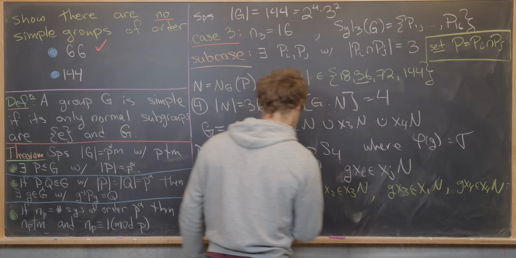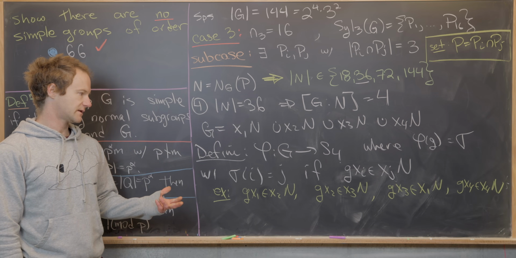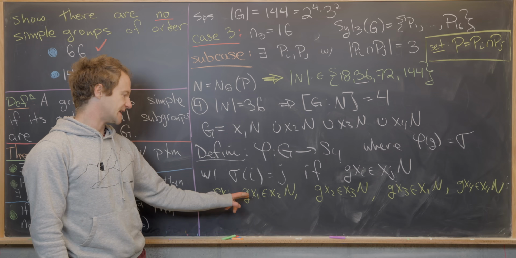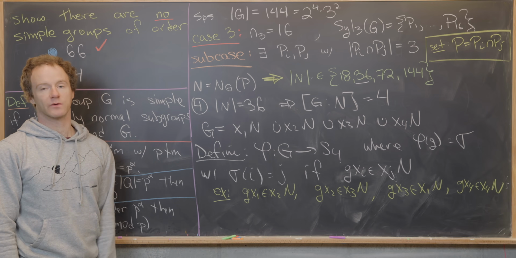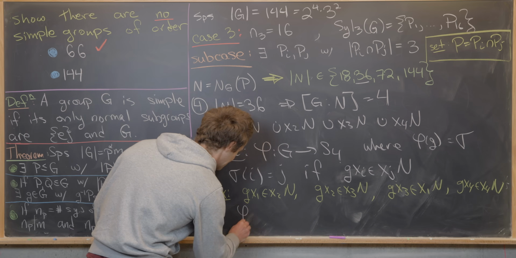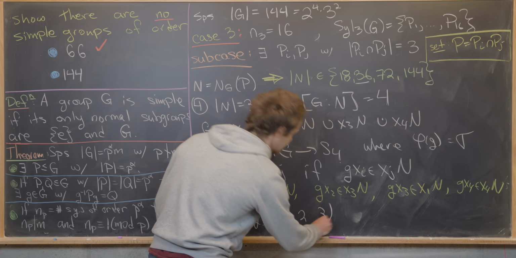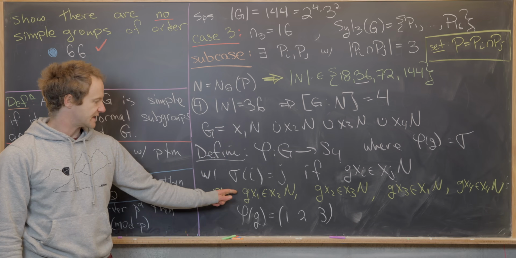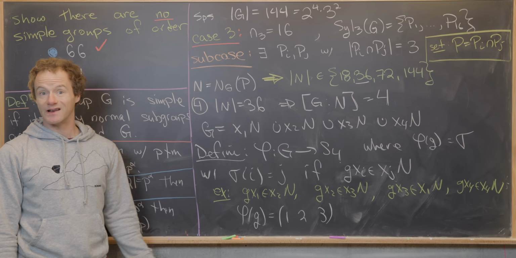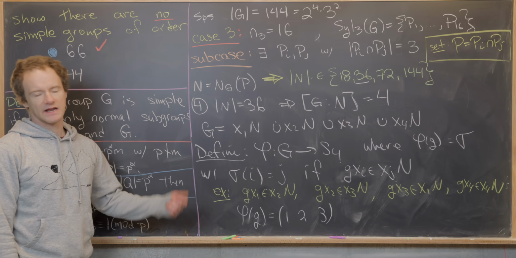So that kind of stays fixed. So let's say we take a random group element and it takes the coset representatives to the following other cosets. Okay, but notice that that tells us that phi of g will be the 3-cycle (1 2 3), because g of x1 is inside of x2N, g of x2 is inside of x3N, and so on and so forth.